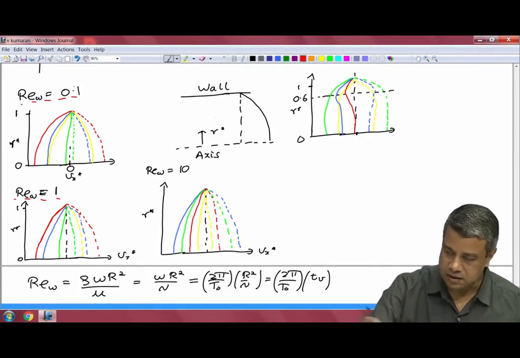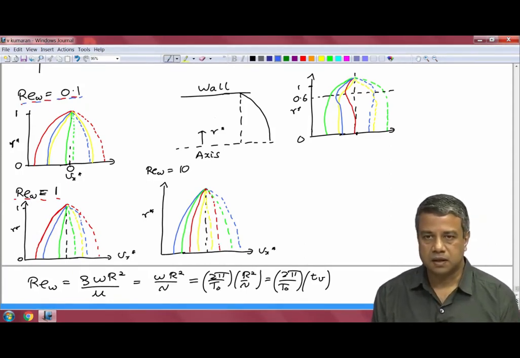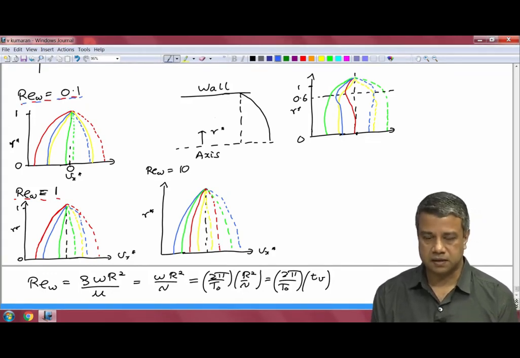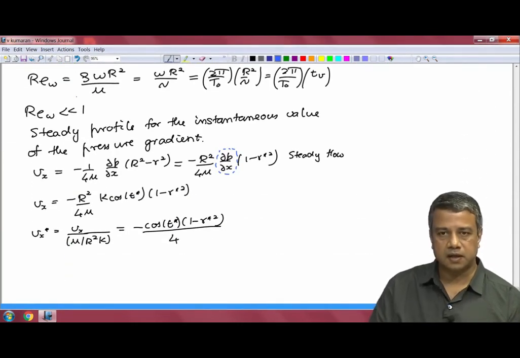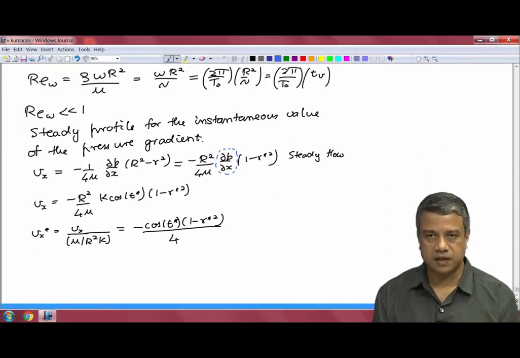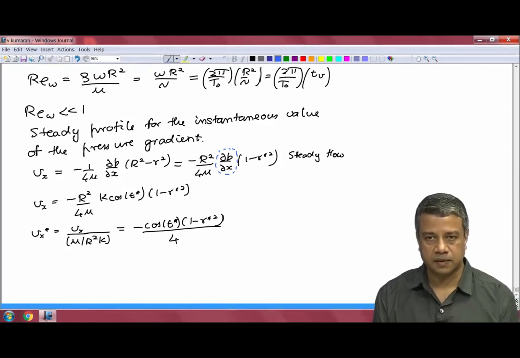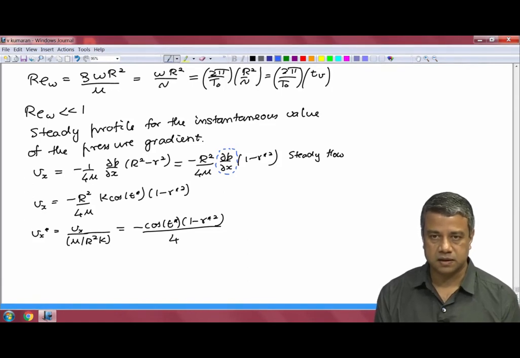At Re omega equal to 0.1, the velocity profile is close to a parabolic profile, with amplitude corresponding to that instantaneous value of the pressure gradient. This happens when the time period of the pressure variation is much longer than the diffusion time, so that the momentum diffuses instantaneously across the entire pipe within the time it takes for the pressure to change. So, that is in the limit of low Reynolds number.